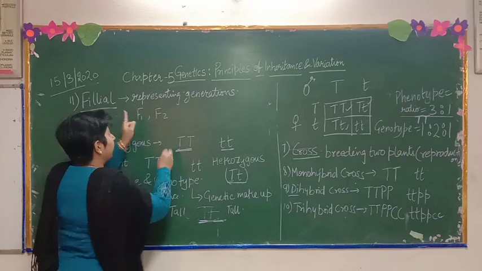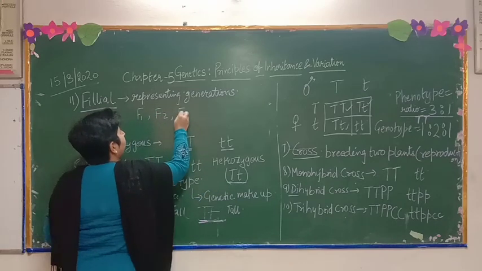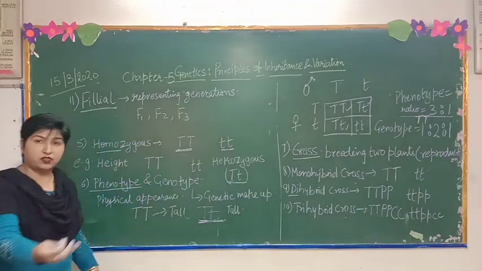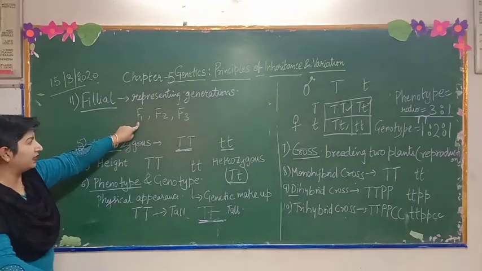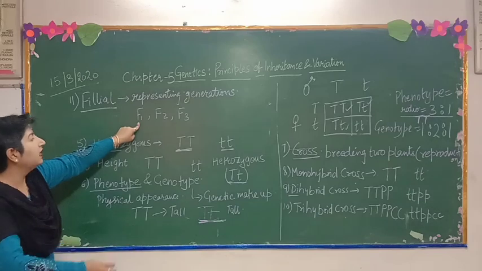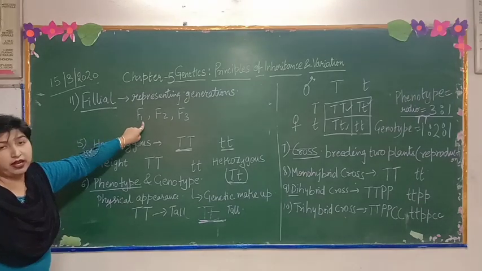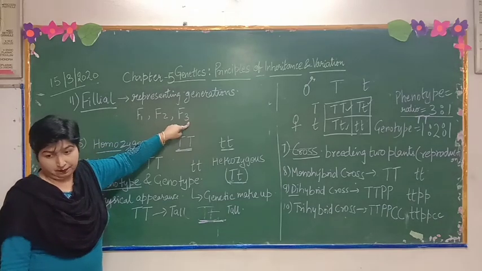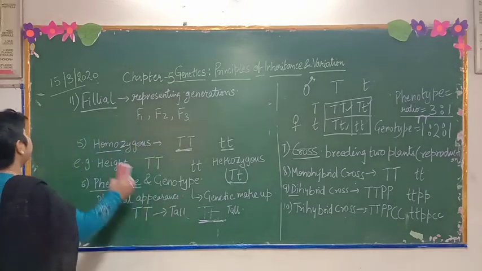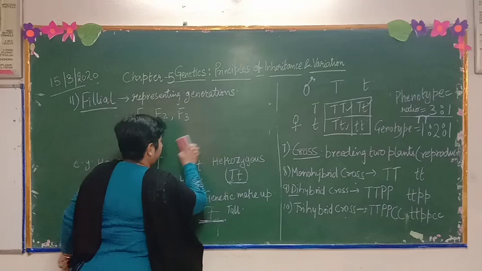F2 means the next generation and F3 means another next generation. So we are representing various generations in genetics, and while doing our process we use this word filial generation: F1, F2, F3.